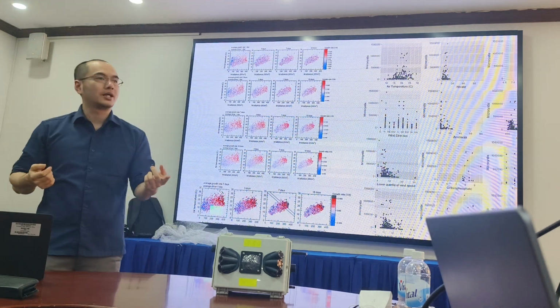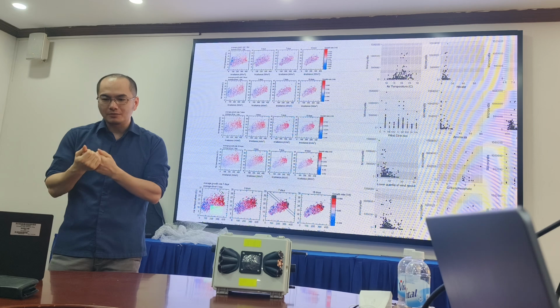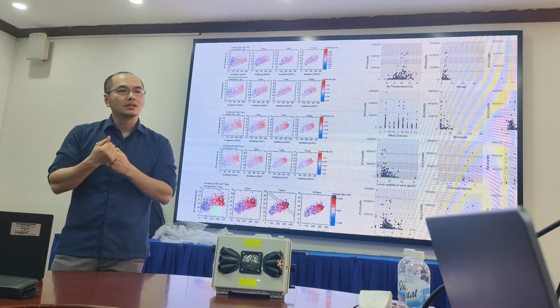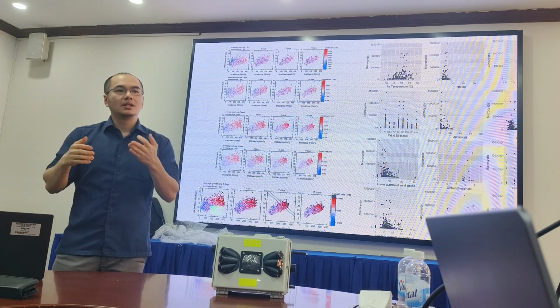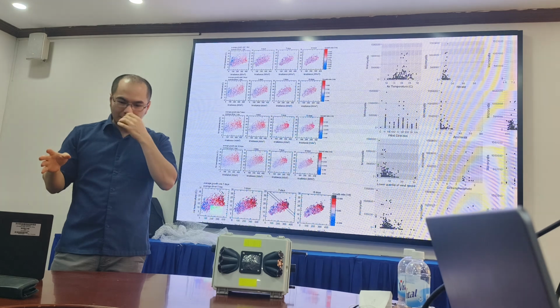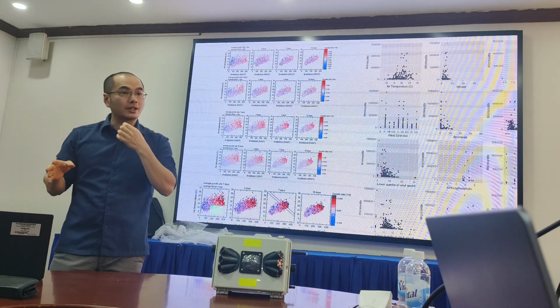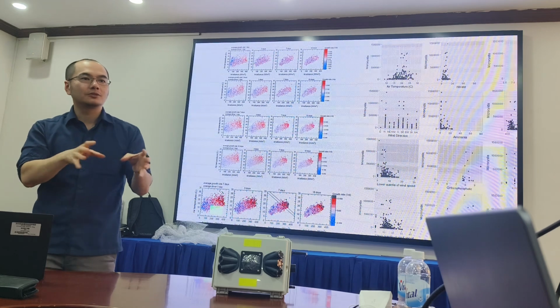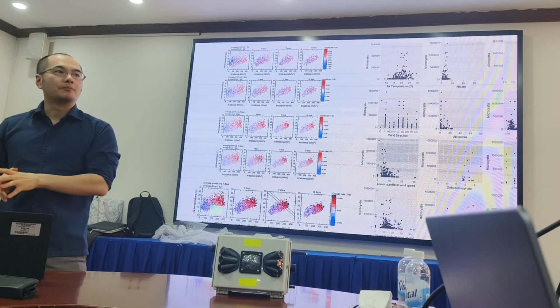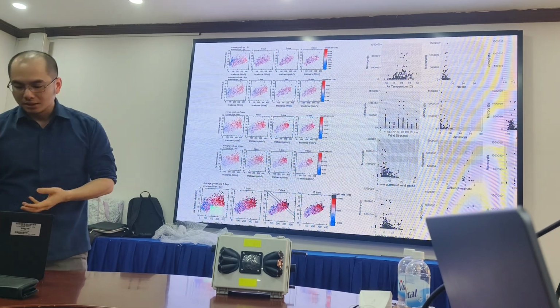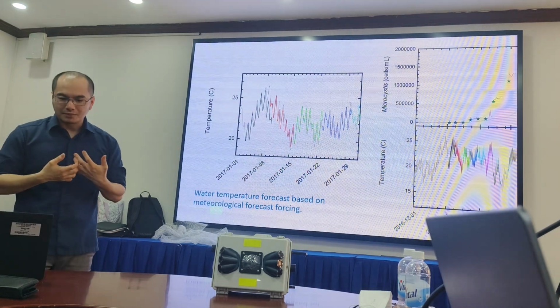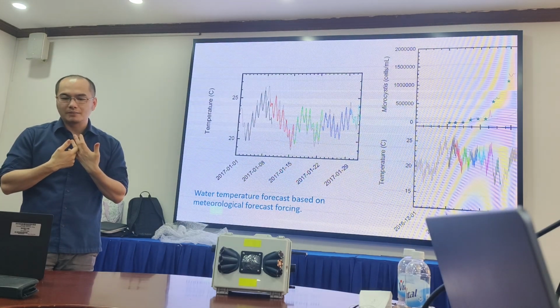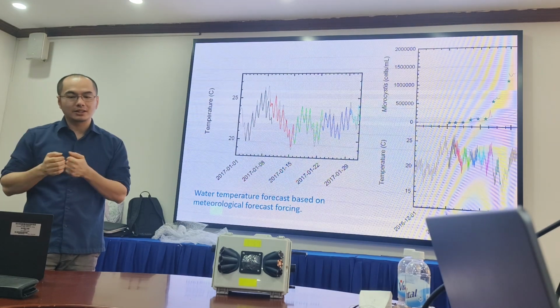The forcing for the model is actually the weather. So you have the wind speed, temperature, and all of that, and we have a pretty accurate weather forecast. So we could use that forecast forcing to forecast our algae or algal blooming. For example, here is one of the forecasts based on the meteorological forecasting forcing.